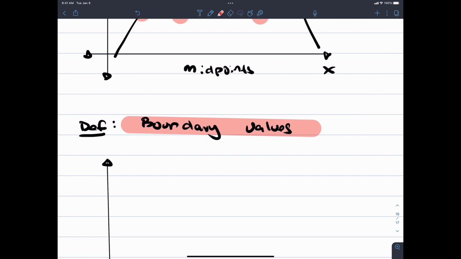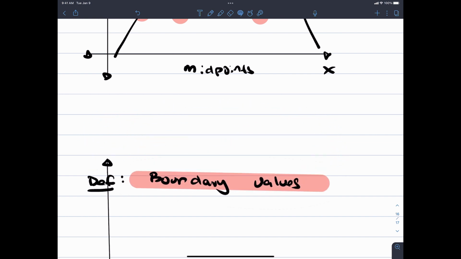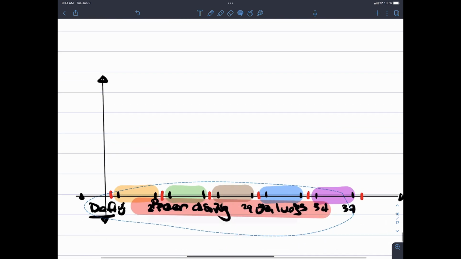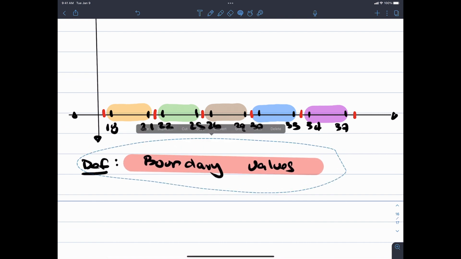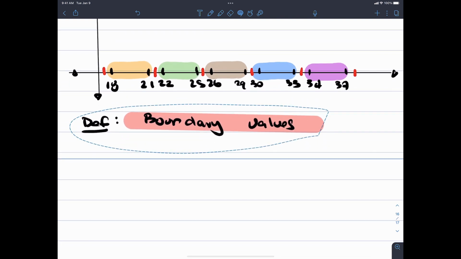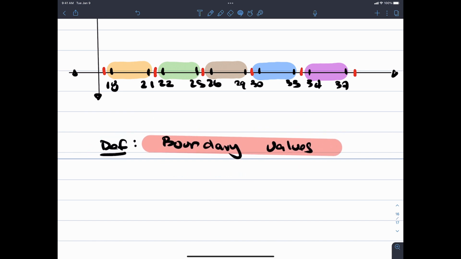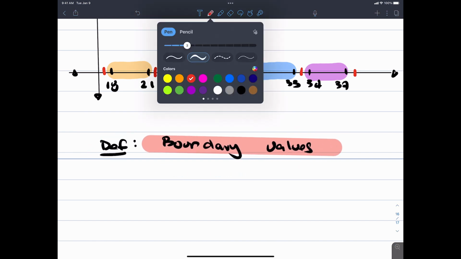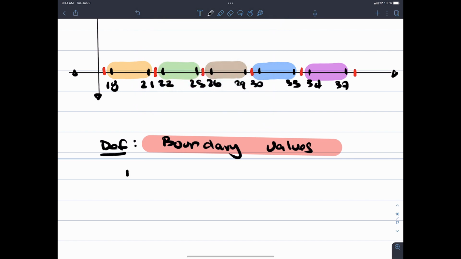So boundary values, ladies and gentlemen, that's what I'm about to define for you. These are the midpoints between adjacent bins.